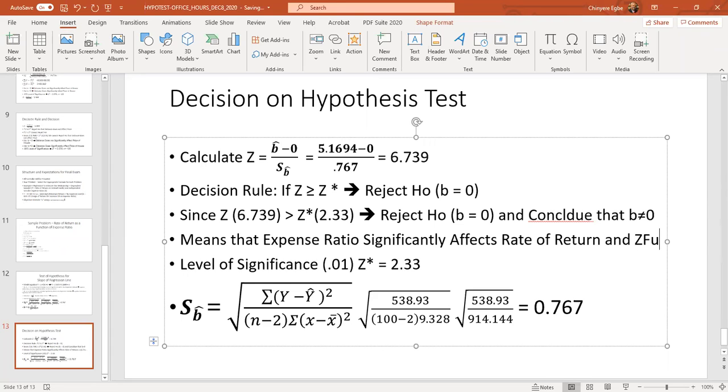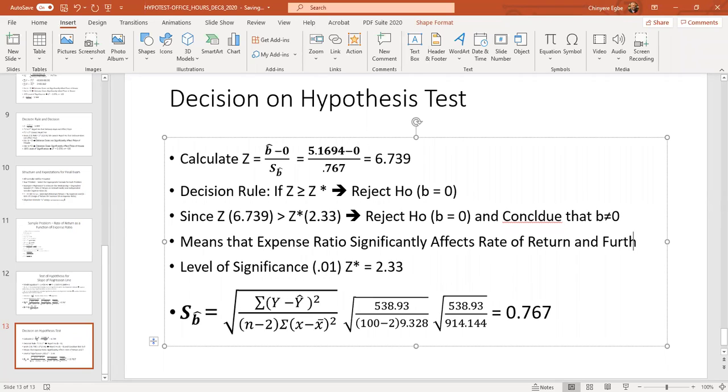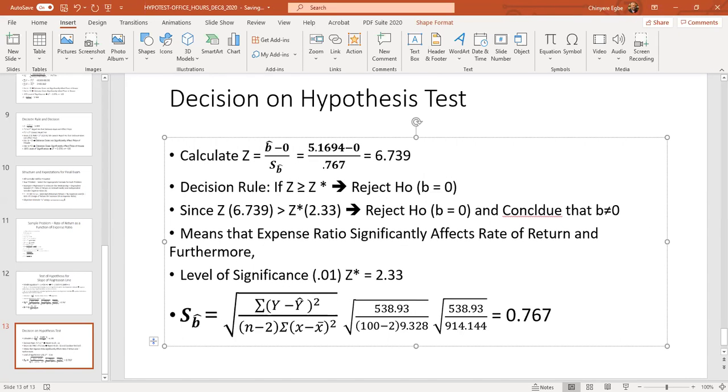And even furthermore, funds with higher expense ratios have higher rates of return. That is, as expense ratio increases, the return on a mutual fund increases.